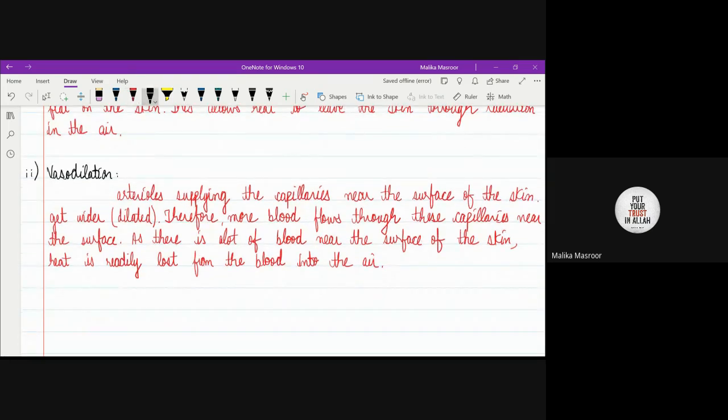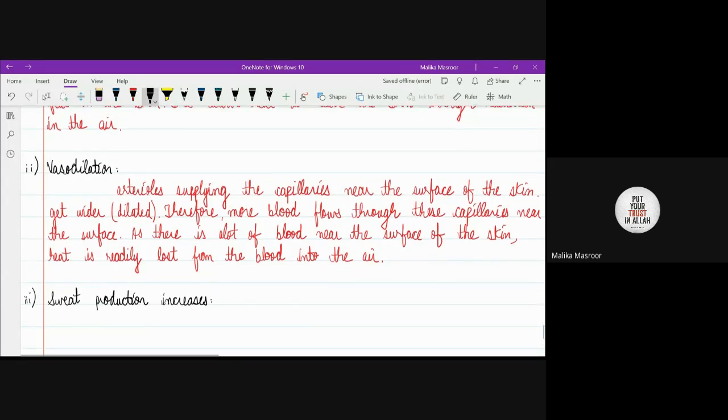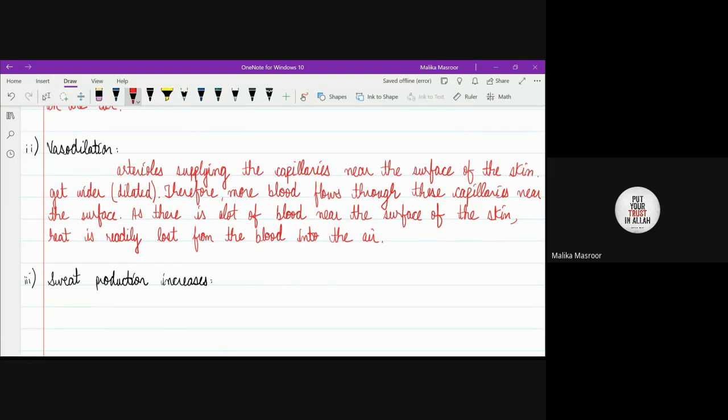Third is when your sweat production increases. Sweat glands secrete more sweat.